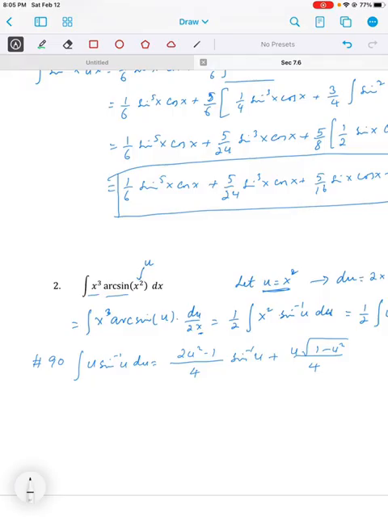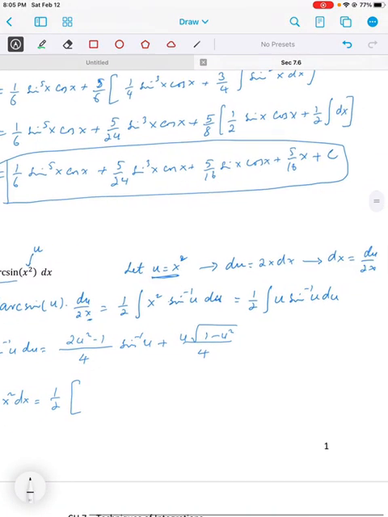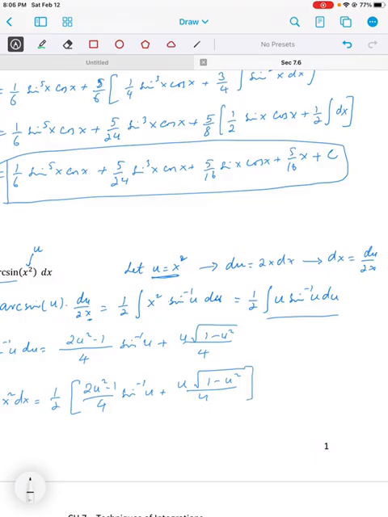So now in our case, our integral of x cubed arcsin of x squared dx will now become 1/2 times this quantity, because that's what we have exactly. So (2u squared minus 1) over 4 sin inverse of u plus u times square root of 1 minus u squared over 4. But remember, our answer has to be in terms of x, so we go back and replace the u.